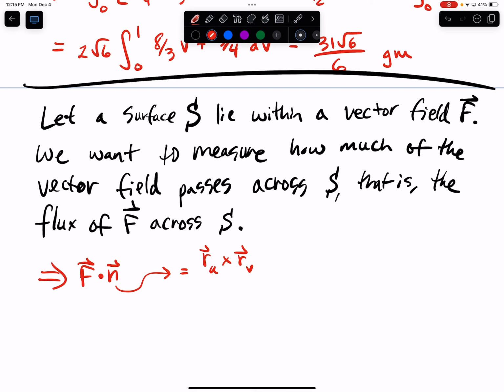Remember, the cross product of two vectors gets you your thumb pointing up, the right-hand rule. So it's perpendicular, and if those two derivative vectors are tangent to the plane, then that cross product is going to be normal. But then we need to make it a unit vector, so I divide by its magnitude, ru cross rv.